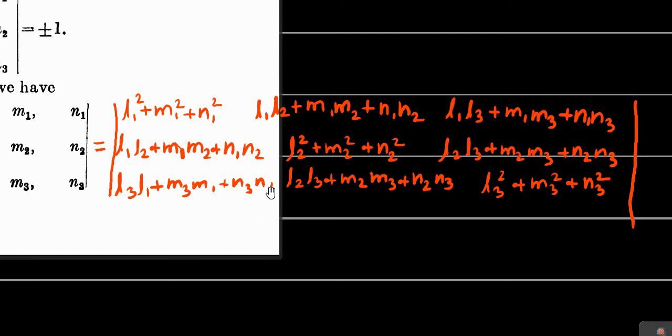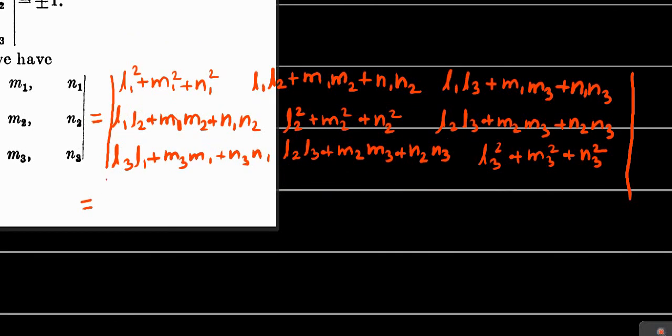Okay, and also we have the sum of the squares of direction cosines of any line is equal to 1. So therefore these 3 terms which are at diagonal position are equal to 1, and all the remaining 6 elements are 0.